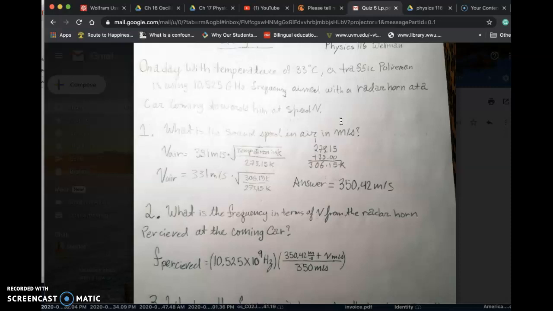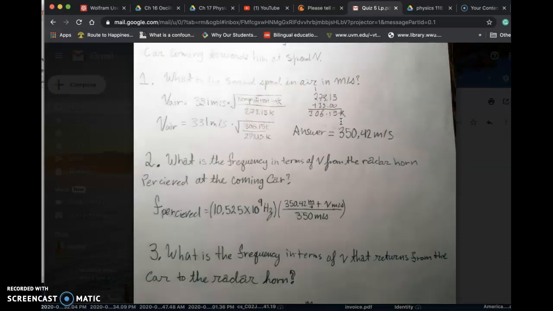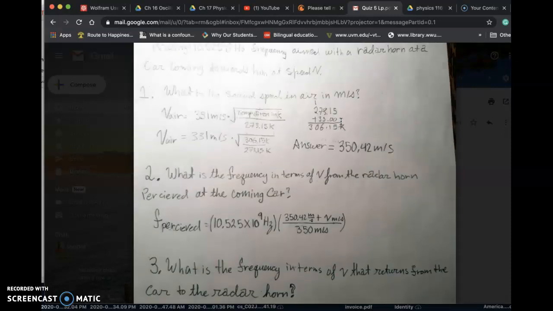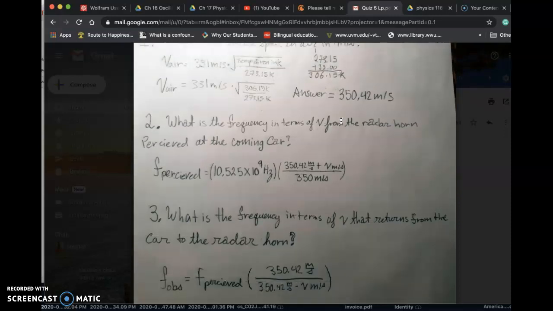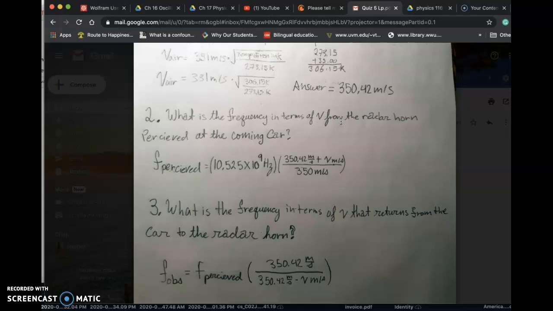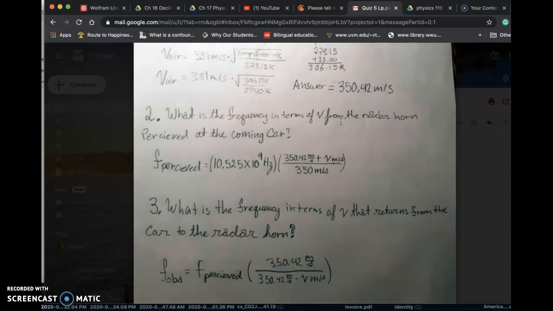Then we need to set up the equation for the frequency as perceived by the police officer when the car is coming towards the officer, and also when it is moving away from the officer. The first one is the given hertz value, 10.525 times 10 to the power of 9, times (350.42 plus the velocity of the car) divided by 350.42.